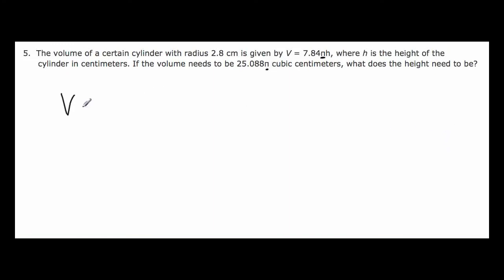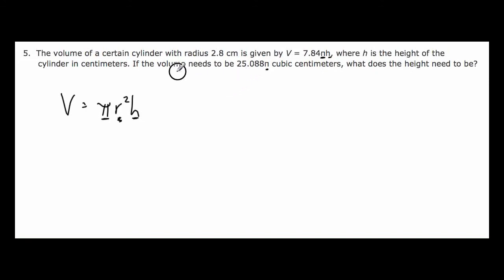If we think back to our regular formula, volume equals pi r squared times height, they're telling us pi and height are in the formula. The 7.84 is the radius squared, so they're giving that to us. If we take 2.8 and square it, we get 7.84. So they did part of the work for us. Now we just need to substitute the rest of the information in.